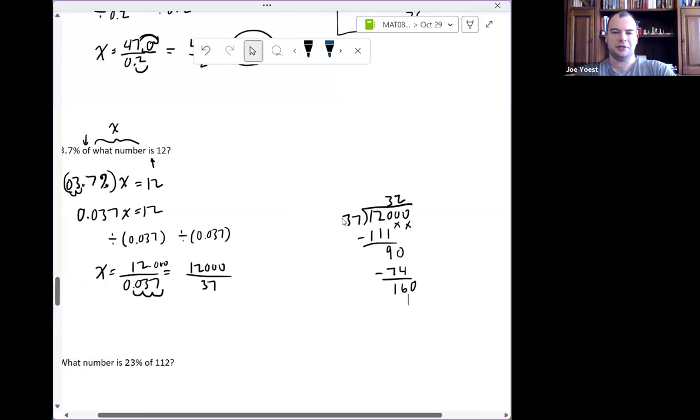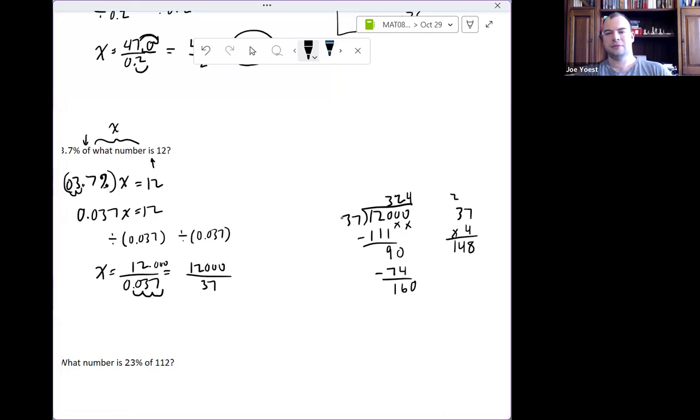Well, I know 37 is a little less than 40, and 4 times 40 is 160, so it will go in 4 times, but probably not 5. What is 37 times 4? That gives me 148. And 160 minus 148 is 12.